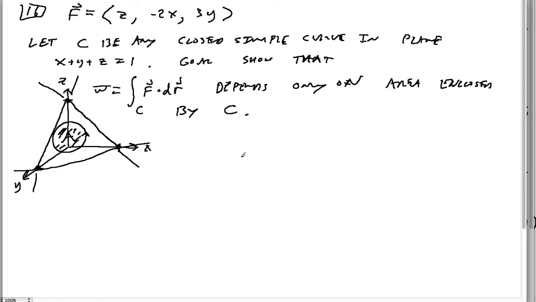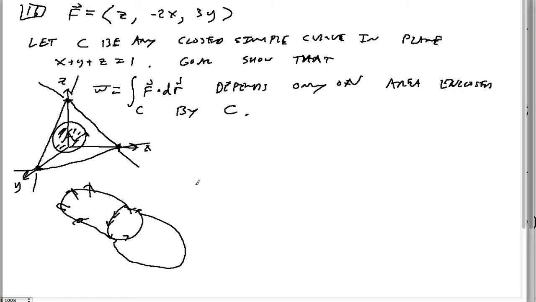So what we know about Stokes' theorem is that as long as we have that as our pathway in space, any surface that we attach to it, going front or back or whatever, it doesn't matter. The flux of the curl vector through that surface is what we can compute, and it will be equal to the work integral. All right. So let's compute the curl.